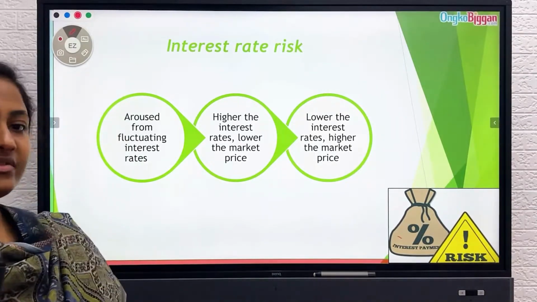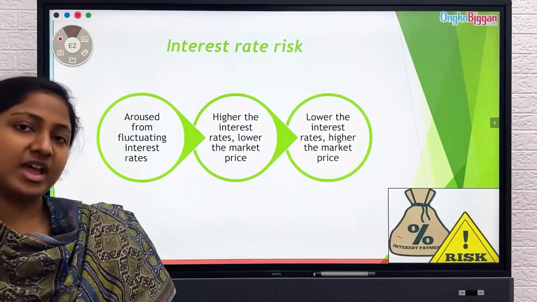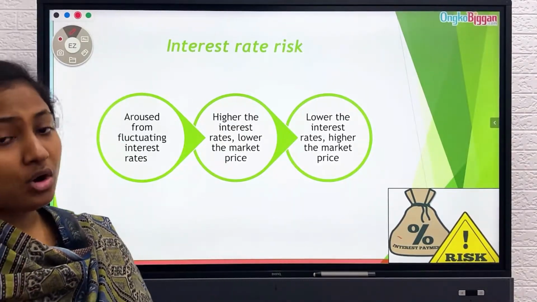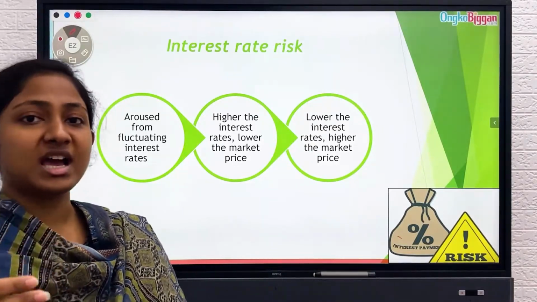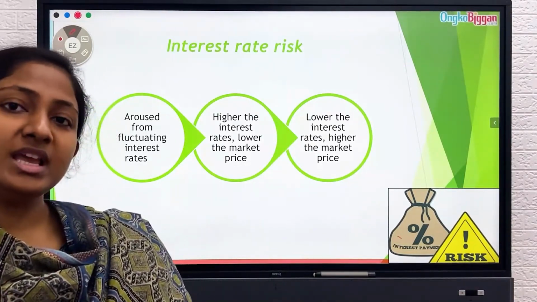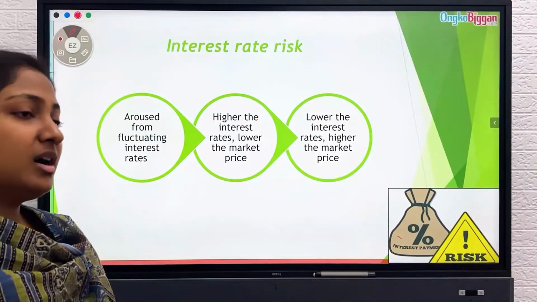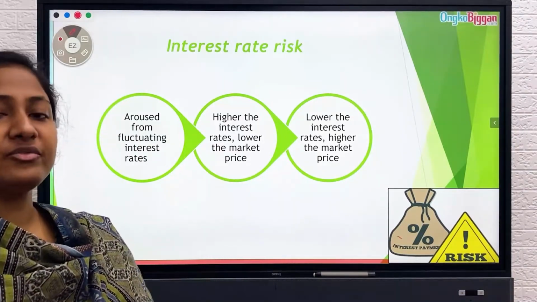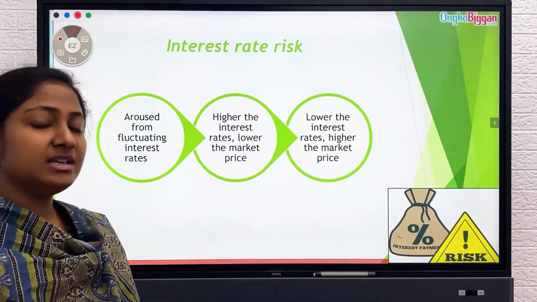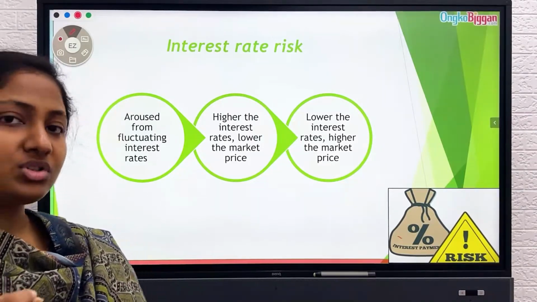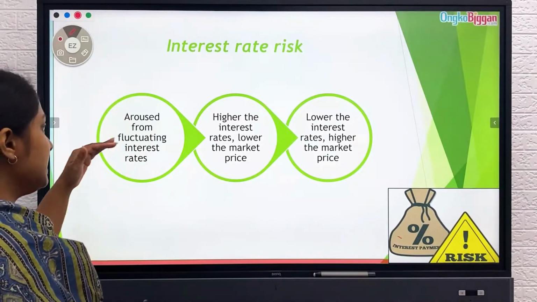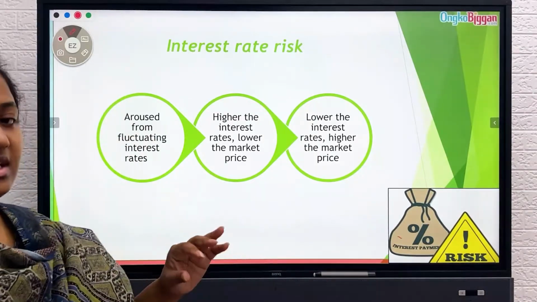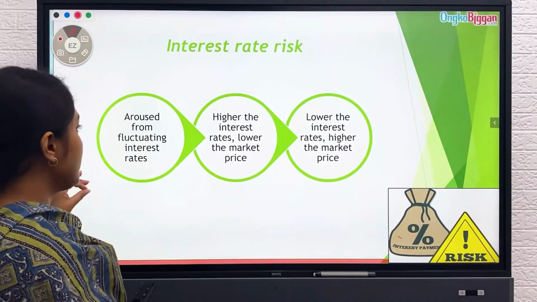So what is the reason? The reason is that the value of your investment all the time moves upwards and downwards based on the time that you will be involved with the company from where you have already bought your bonds or debentures. If you see any sort of fluctuations, then it will be the interest rate risk.